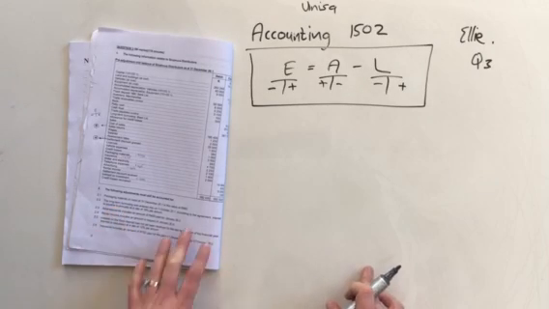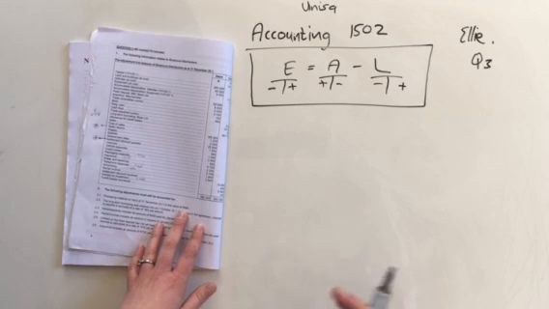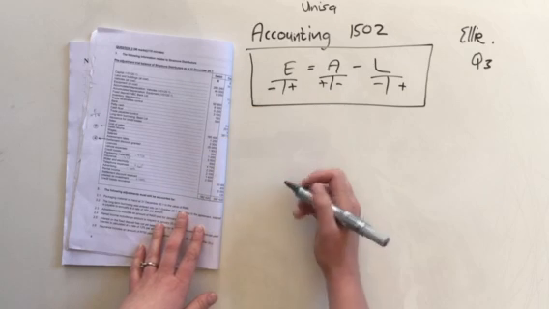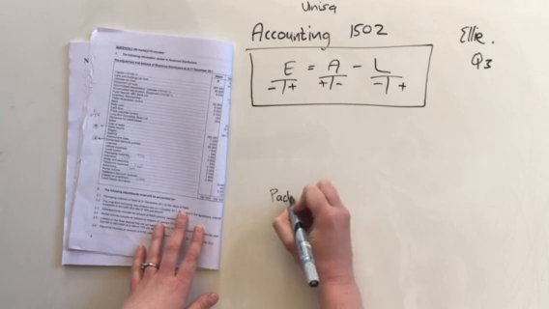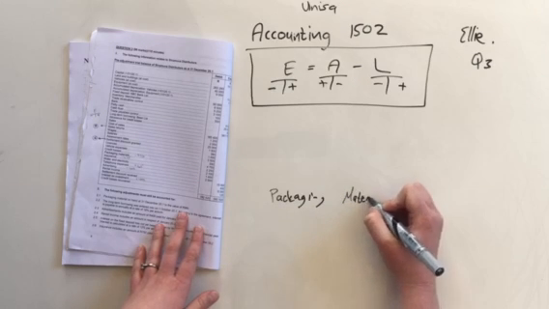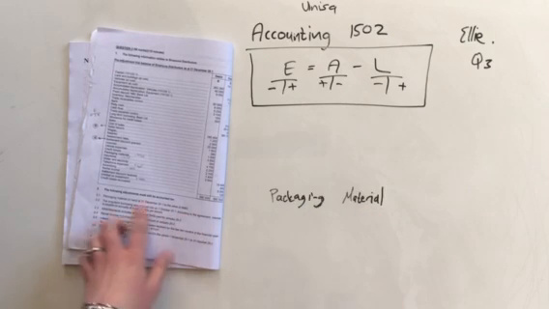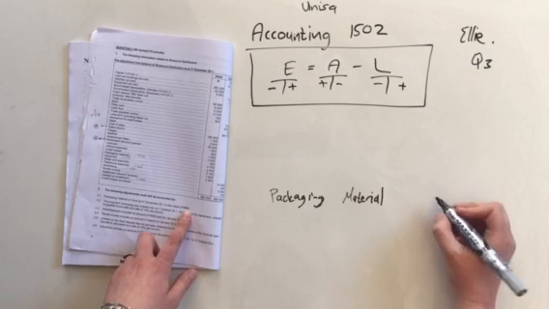Okay. So here we will have two accounts, packaging material and something else. Okay. Packaging material is an expense. But it is an expense, so this question here says packaging material on hand at 31 December to the value of 980.